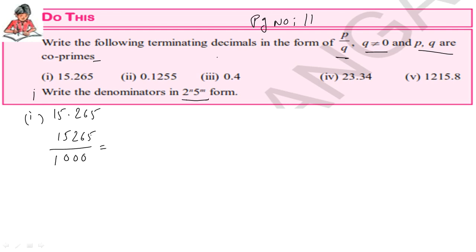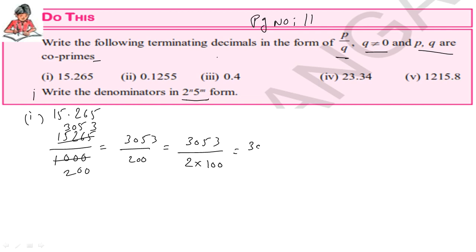So I will do the cancellation, with 5. 5 threes are 15, so I am getting down 2 numbers. 0, 5 fives are 25, 5 twos are 10, 0, 0. So 3053 by 200. Can I write it like this? 3053 by 2 into 100, which is equal to 3053 by 2 into 5 into 2 into 5.